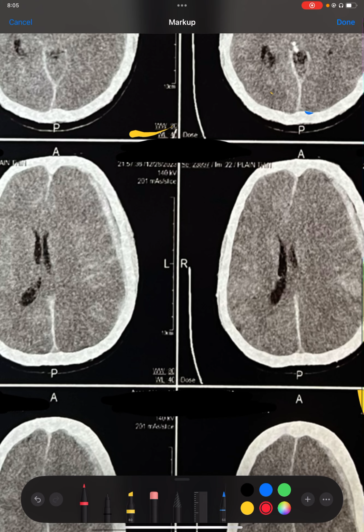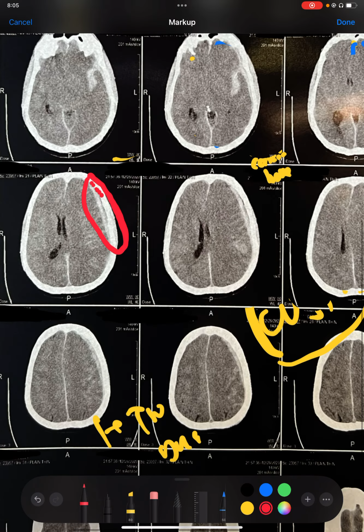the patient also has the SDH. If you can notice, there is a very fine rim of blood here, which is on the left side only.